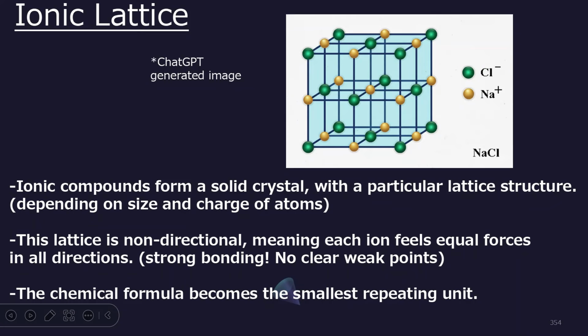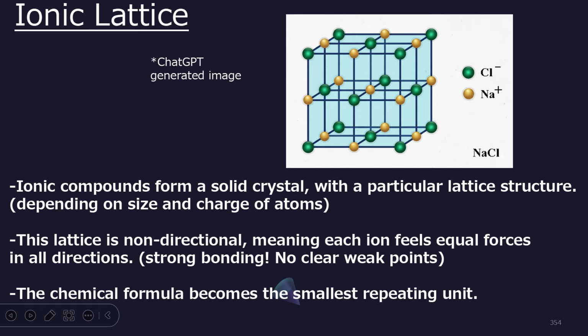This is a strong bonding property because it means there's no particular weakness in any one direction, so it doesn't matter whether you apply force or impact or energy in one direction versus the other, like lengthwise, up and down, diagonally. Generally, the bonding is non-directional in ionic compounds, so they're equally strong, and they don't have weak points like that.